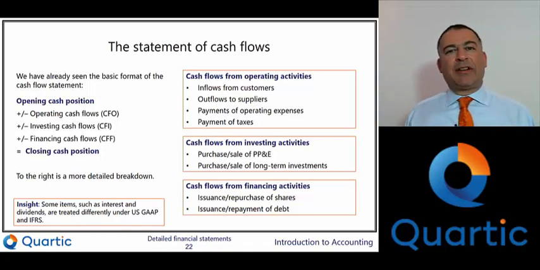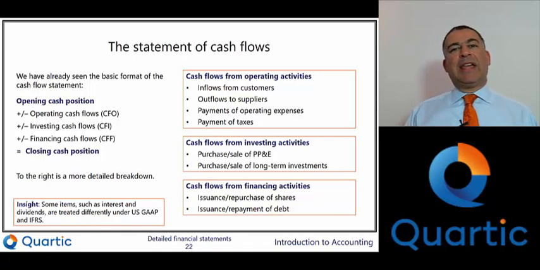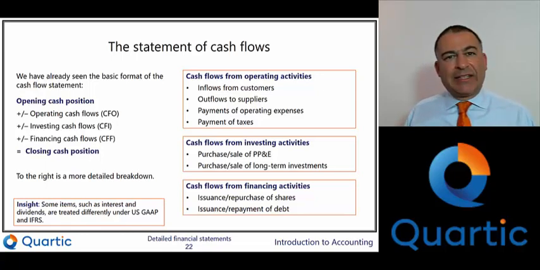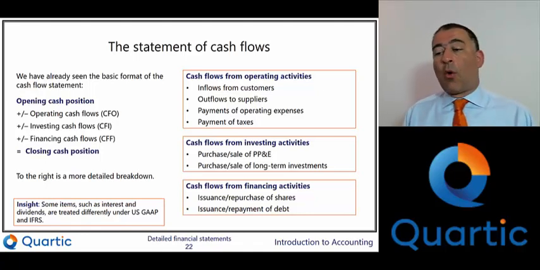If at the end of its life you sell it for scrap for, let's say, 1 million, then it'll be CFI plus 1 million. So cash outflows are going to give us a negative CFI, cash inflows will be a positive CFI. And that applies to property, plant and equipment, or intangible assets, or long-term investments.